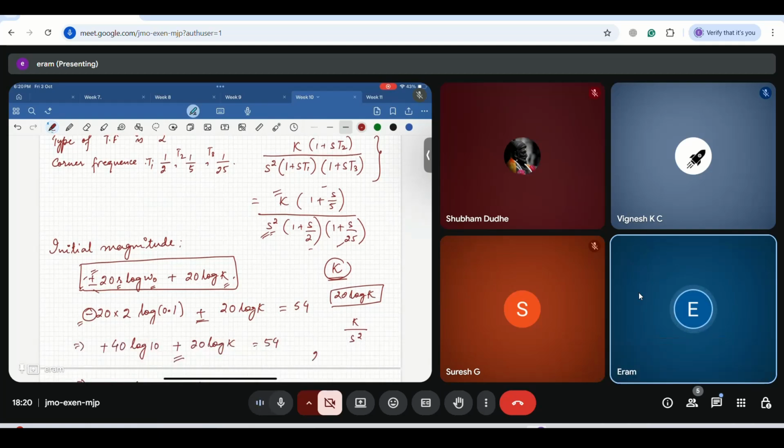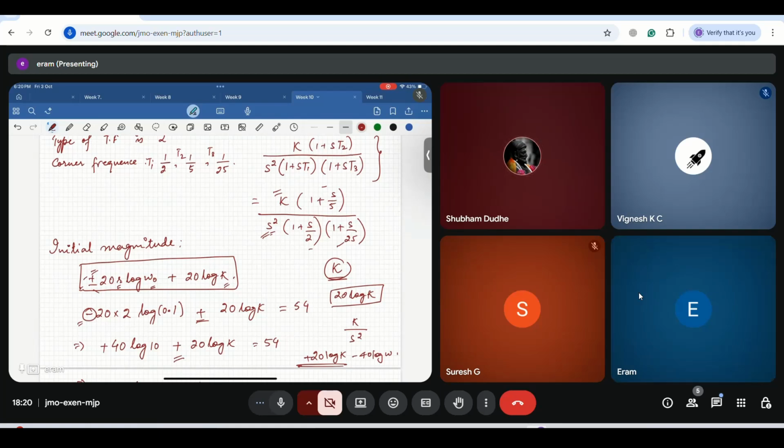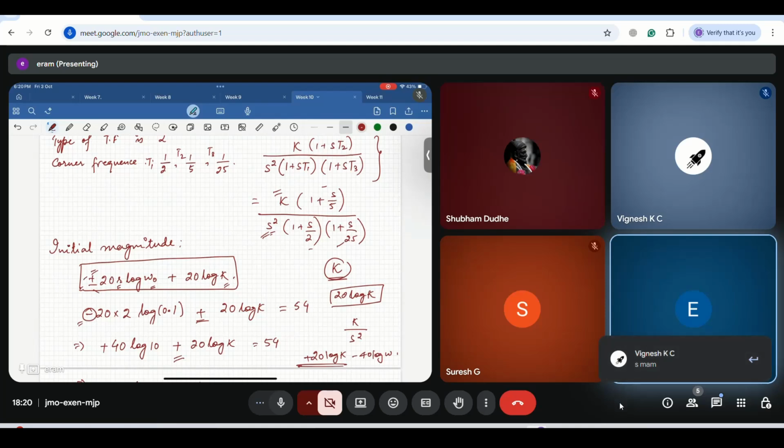So its magnitude will be 20 log k minus 40 log omega. So it will be positive only. Is it clear? Yes. Okay.